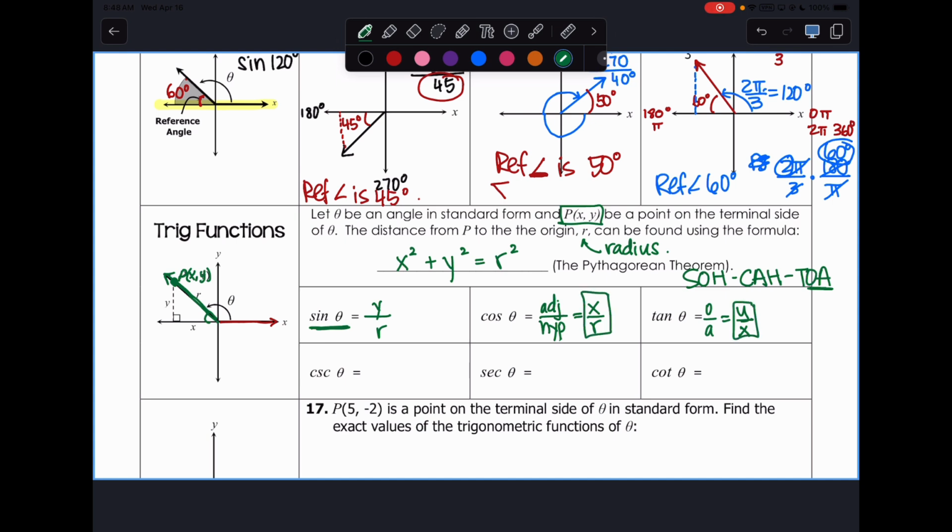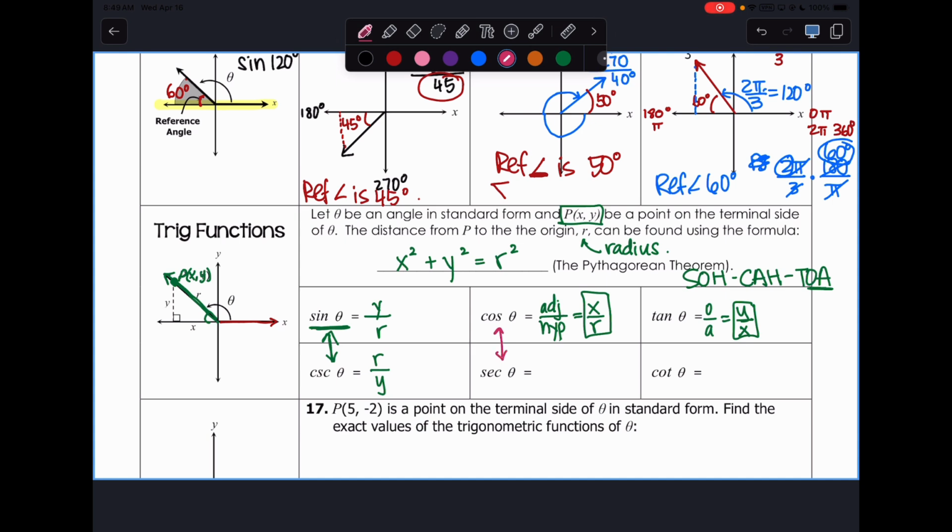Cosecant is the inverse of sine. These two guys are the evil twins of each other, okay? So what do you do for the cosecant? Reciprocal of sine, right? So it'd be r over y, okay? Secant is the evil twin of cosine.